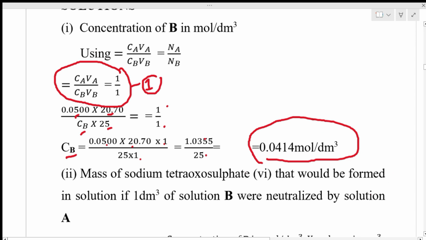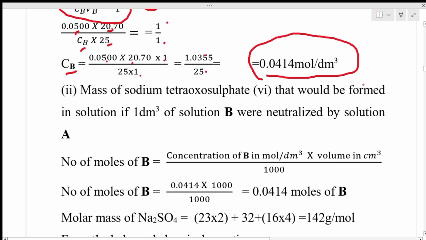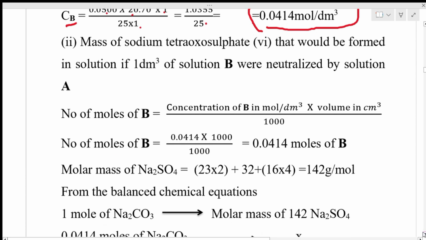Now I need to calculate the mass of sodium sulphate that will be formed in the solution. Please pay attention and work with me. In my relationship, I want to relate my reactant to my product. But the value that I have is in mole per dm³, so I'm going to convert that value to moles.